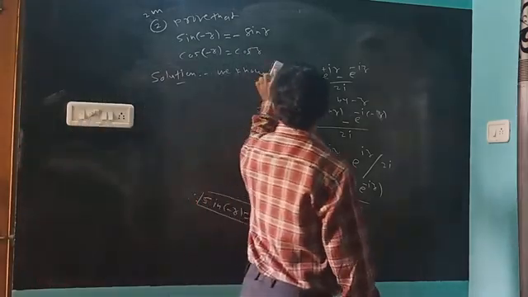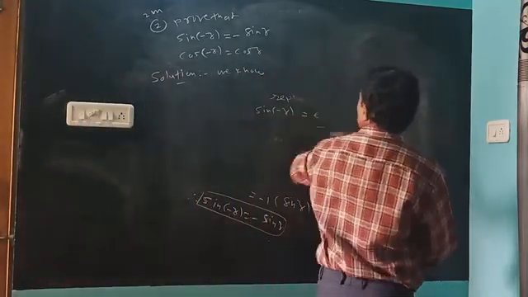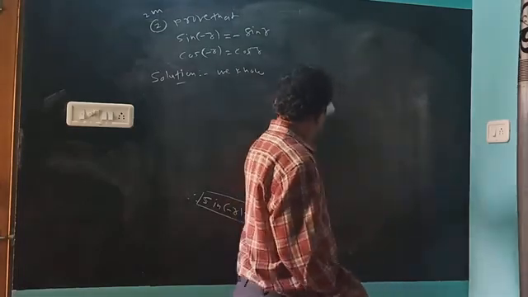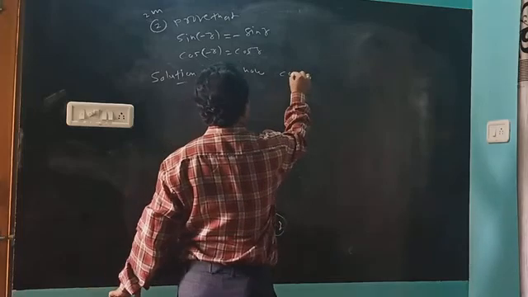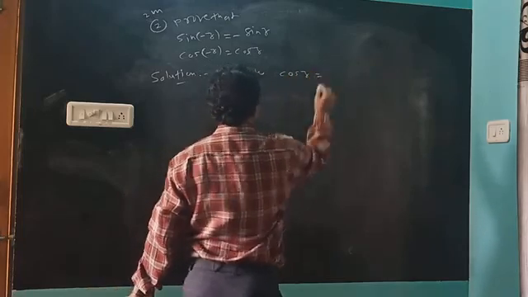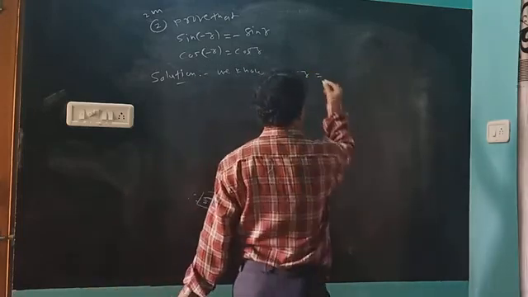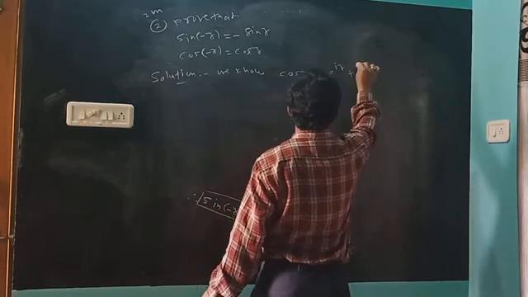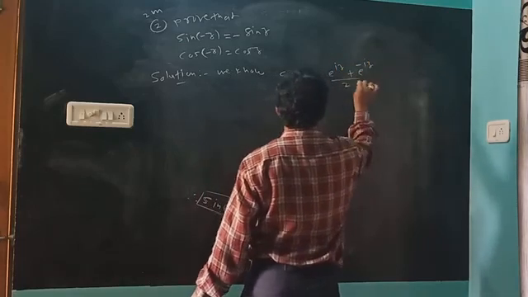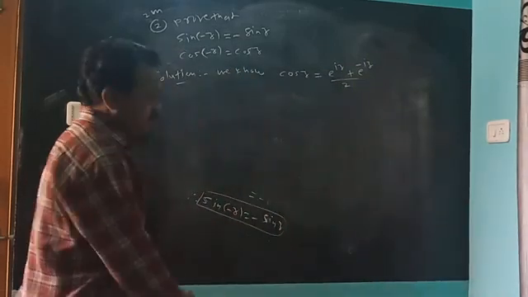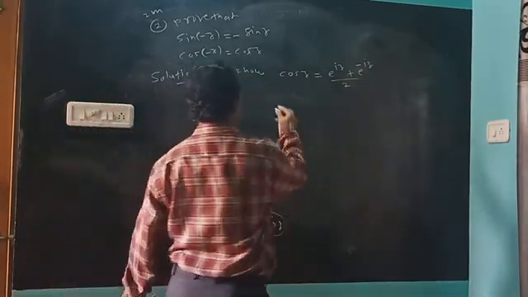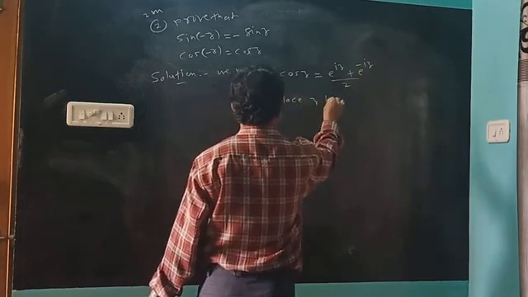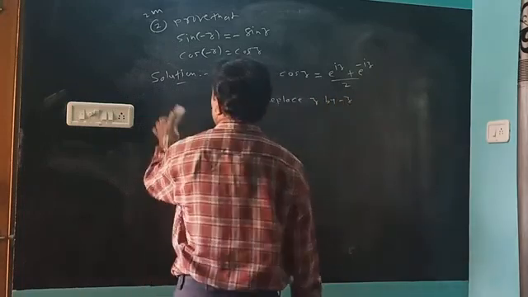Now second, cos, similarly for cos. So you know the cos formula, cos z is e raised to power iz plus e raised to power minus iz by 2 by definition. Same, replace z by minus z.